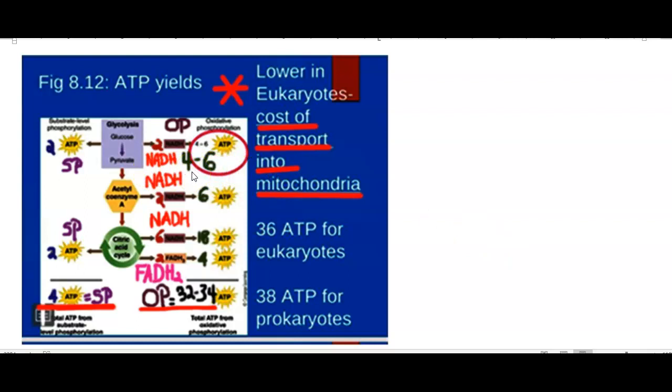In eukaryotes, they're also making 6 ATPs, but they're using 2 of them. Kind of like paying a toll to be able to use the mitochondria. Prokaryotes do not have to pay that toll, so they're going to make about 2 more ATPs than the eukaryotes.